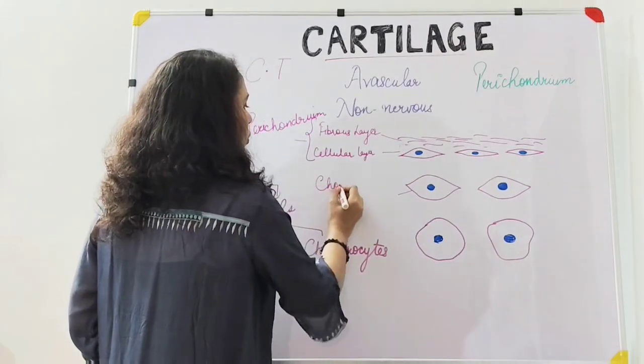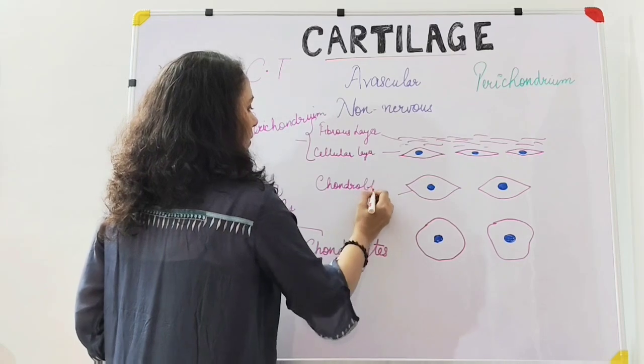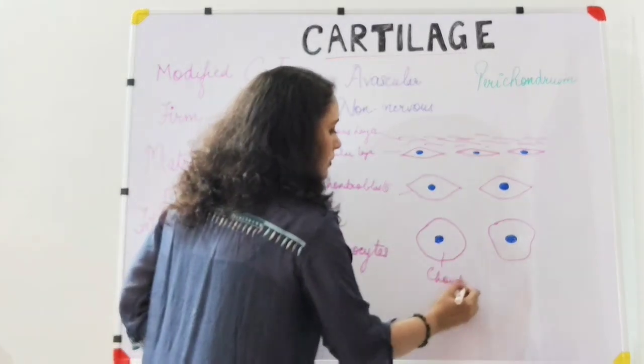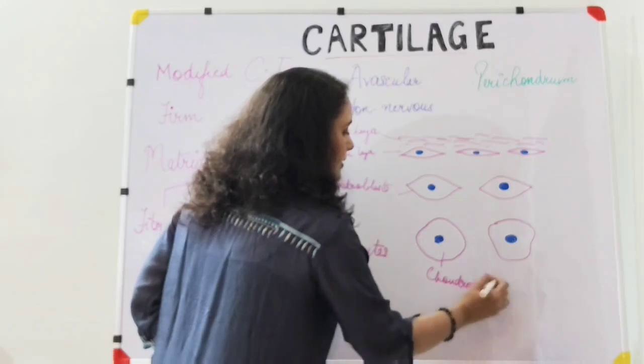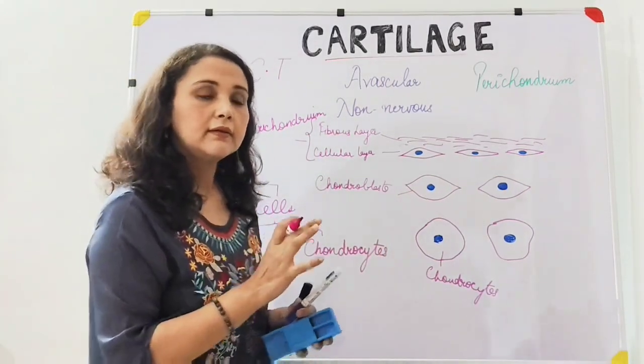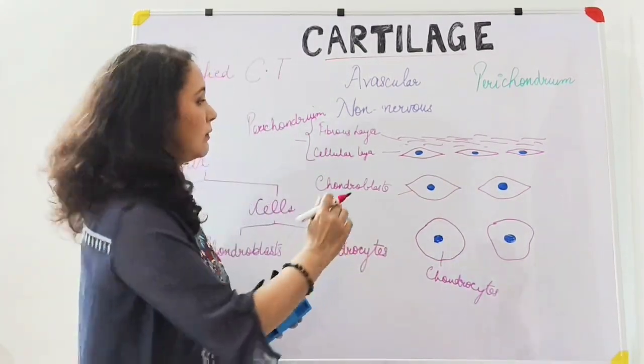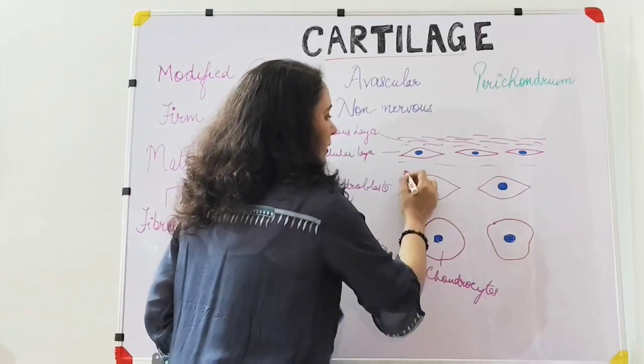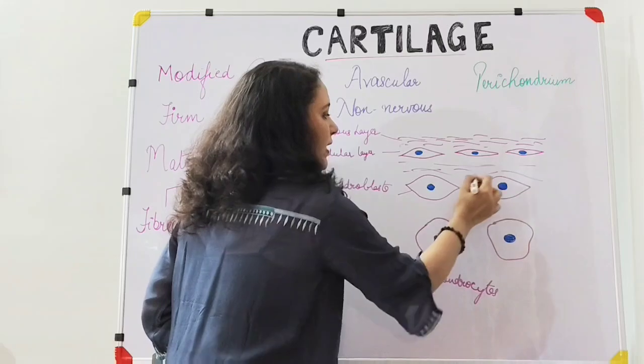So these are the chondroblasts and these are the chondrocytes. I think the topic is clear to everyone. We have an outer layer, that is the perichondrium. This entire thing is a matrix. In the matrix we have fibers.